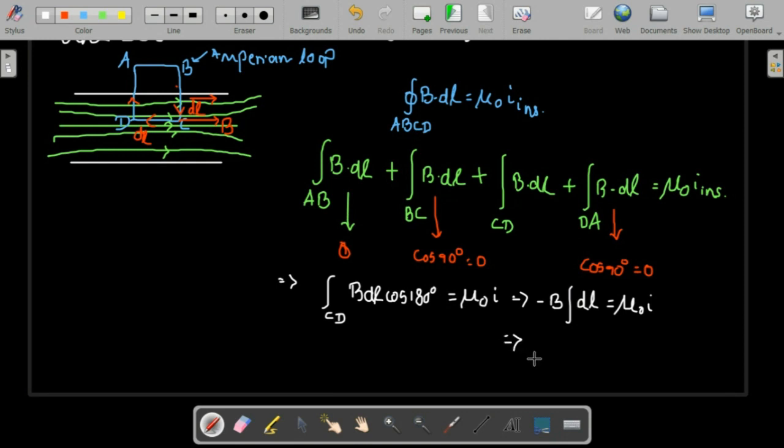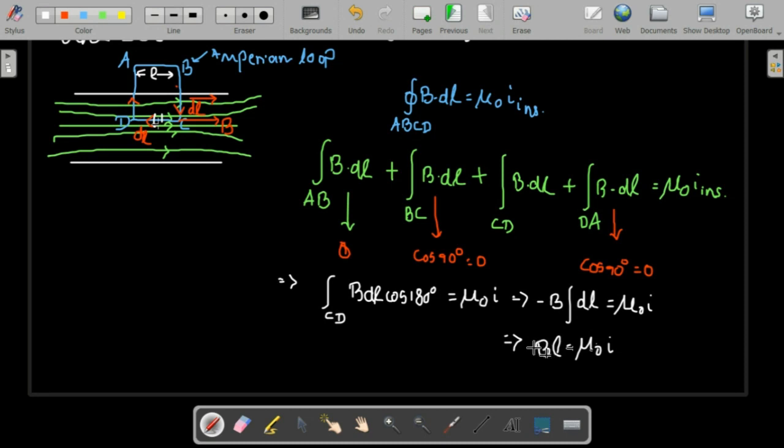So that means B into L. This is a small length dl I'm considering. If I'm considering the entire length, let's say each side is of length L, then this would be BL is equal to mu naught I. So this is the first thing that we should know.